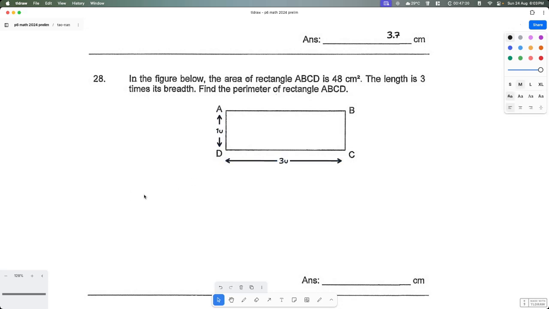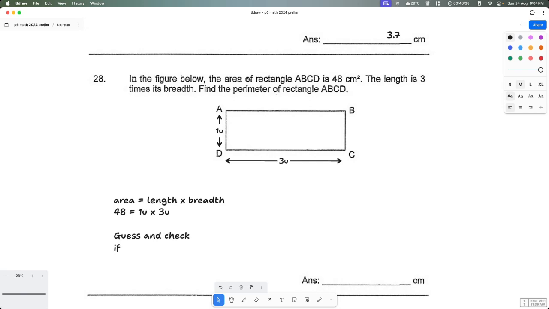So basically 48. So area is equal to length times breadth. Okay, so that means area 48 is equal to 1 unit times 3 units. So in a way you have to guess and check.